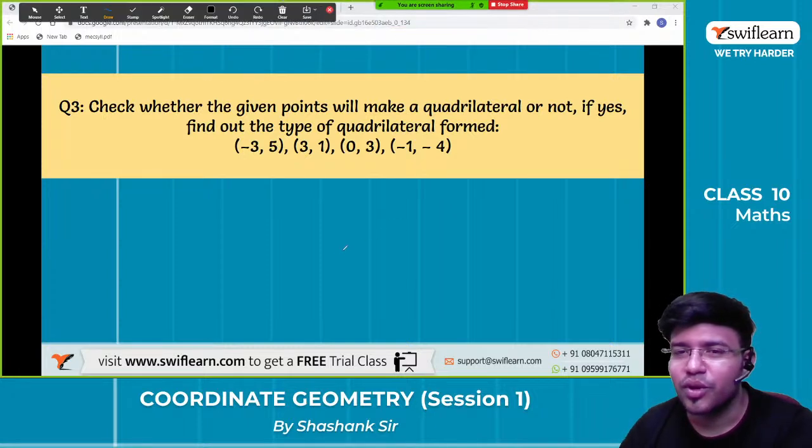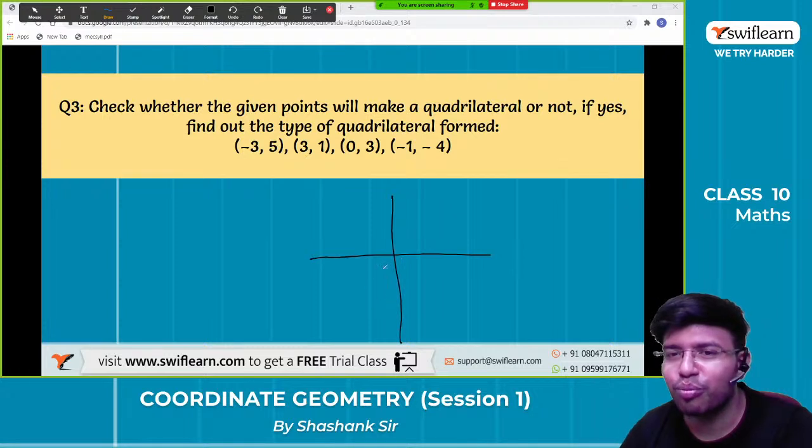Now, if you have a proper graph here, and if you plot this, you will get minus 3 comma 5. Where is minus 3 comma 5? Somewhere here. 3 comma minus 1, 1 2 3, 3 comma minus 1 is here. 0 comma 3, where will 0 comma 3 be?